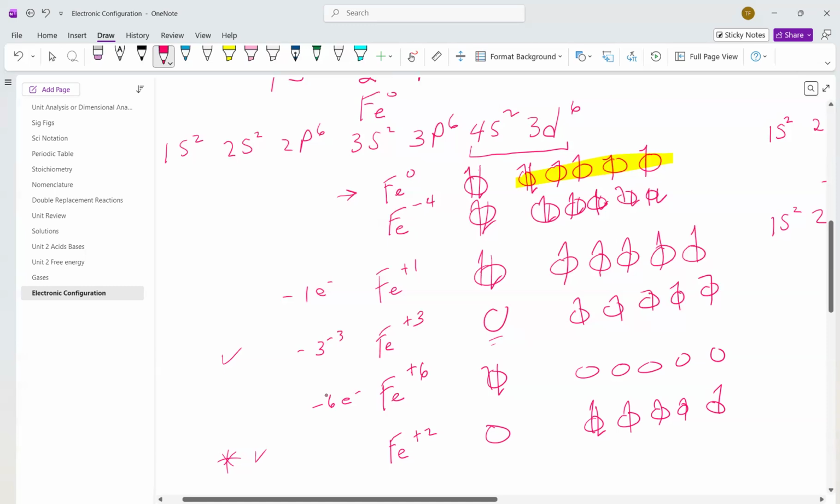And the concept here is, why are there so many ions? Like, let me back up. Why are there so many ions in the world? This is why. It's because losing and gaining electrons makes it more stable. Period. It's the only reason.